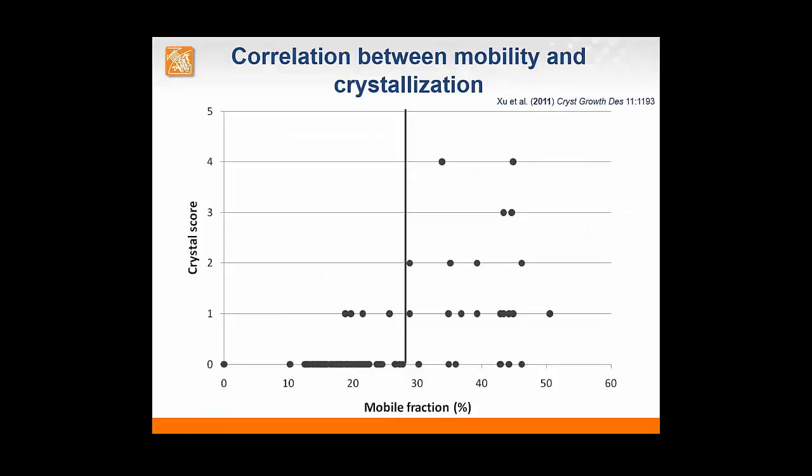In order to look at further correlation between diffusion and crystallization, we used beta-adrenergic receptor labeled and concentrated to 50 milligrams per ml and set up FRAP screens. And then we performed a high-throughput FRAP experiment after 12 hours incubation.